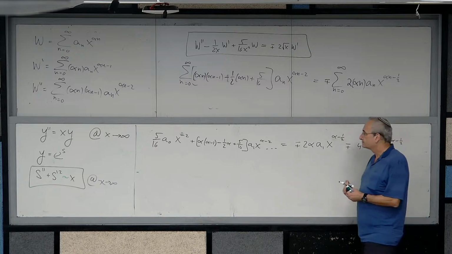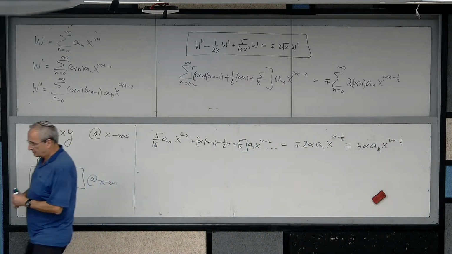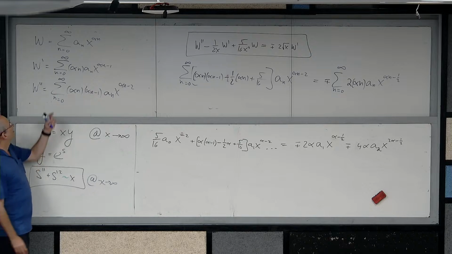Now the point is that a_0 must never vanish, and we can always take it to be something like 1, because it's a homogeneous equation.